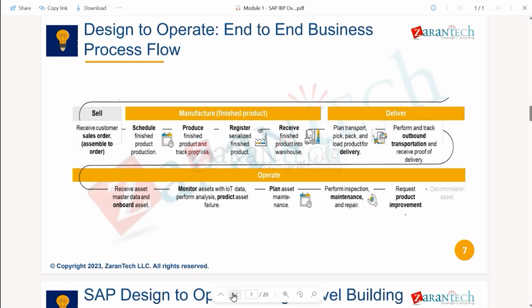Basically this is the cycle of design to operate for different industries which have some specialized processes in place. But in a nutshell, the design to operate process starts from the design level, then plan level, then produce, deliver, and finally ship the goods to the customer.